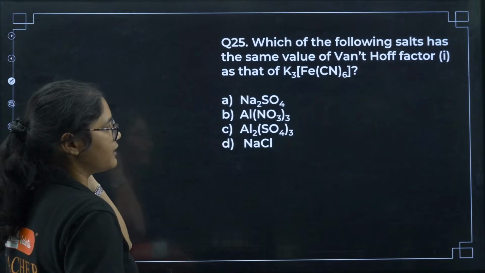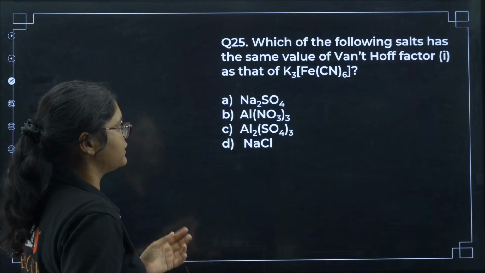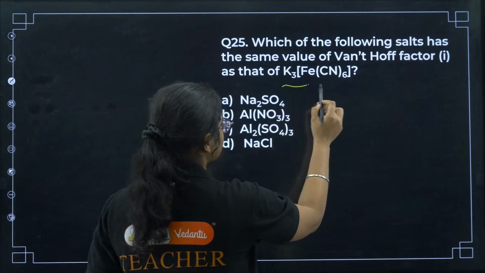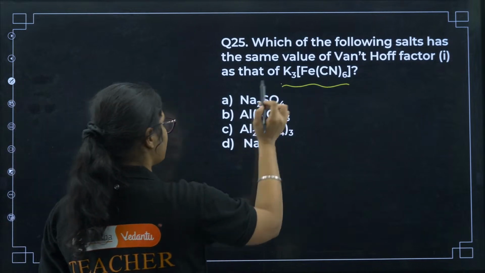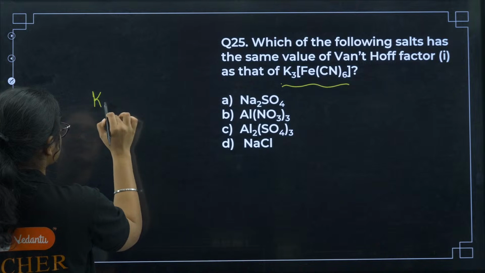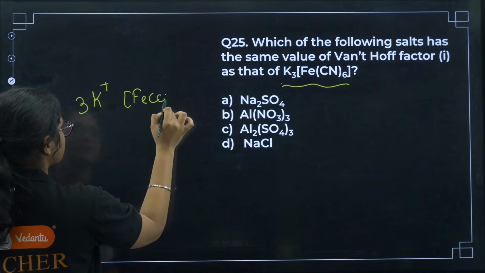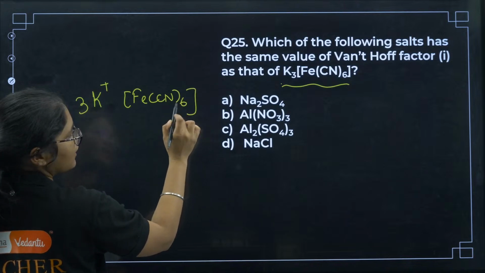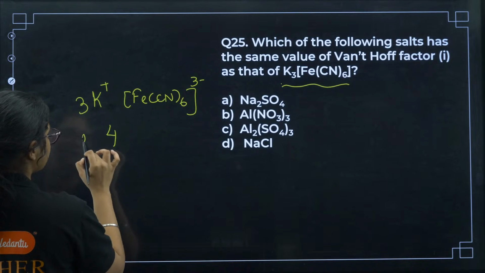Next, question number 25: which of the following salts has the same value of Van 't Hoff factor as this one? This concept of coordination chemistry is also included. How will this molecule dissociate? It will dissociate as 3K+ and [Fe(CN)6]3-. So I value is 4.